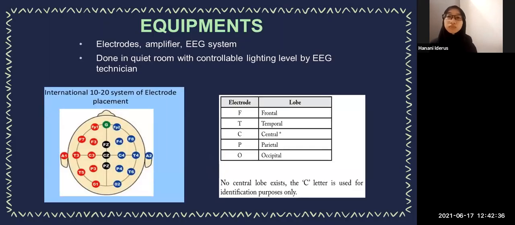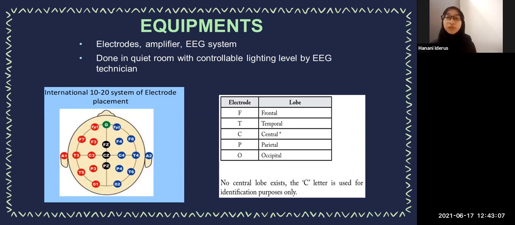So next, the equipment of the EEG includes the electrode, the amplifier, and also the EEG system. The electrode can be similar to the ECG, in which we stick them one by one to the head of the patient, or there is some that has a set of electrodes altogether, so we just put it on the patient's head similar to wearing a cap.